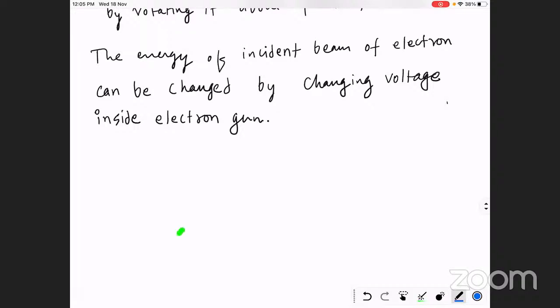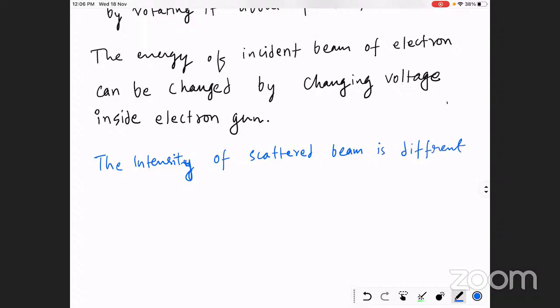What I mean to say, you can write only this: the intensity of the scattered beam is different at different angles. Davisson and Germer found that.